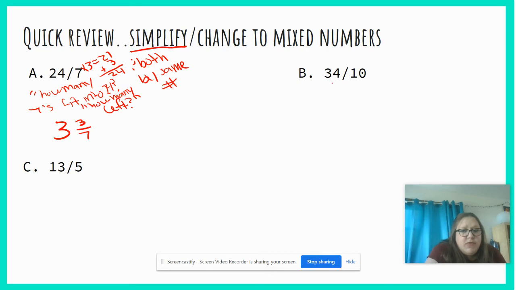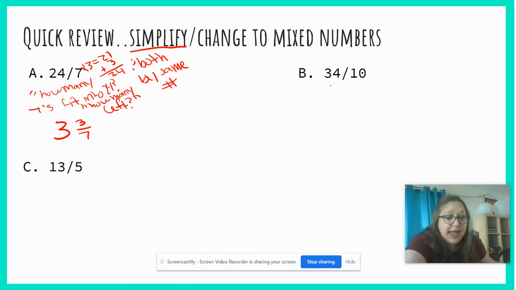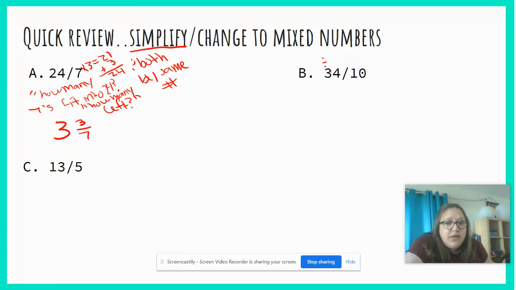All right, let's try 34/10. So first I'm going to check and see if I can simplify. And I can because both these numbers are even. And all even numbers can be divided by 2. 34 divided by 2 would be 17. 10 divided by 2 would be 5. So 34/10 is the same as 17/5.